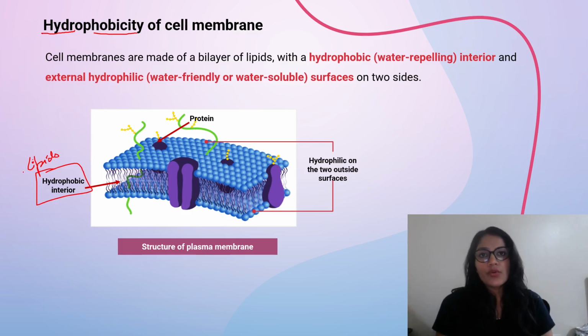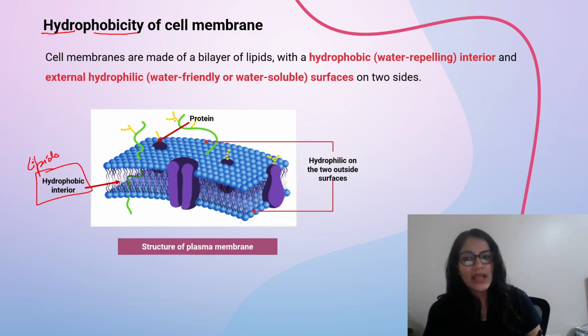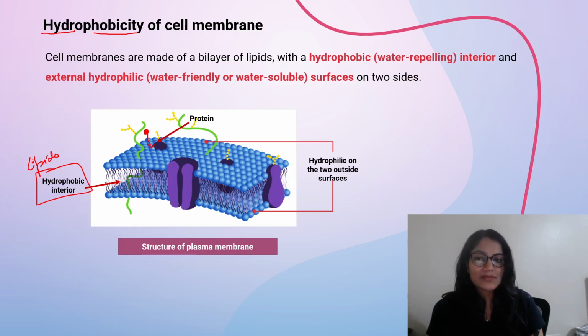These lipids make a hydrophobic interior, right? So if a water molecule or a polar, charged molecule wants to cross the plasma membrane, it is not able to cross because of this lipid layer. So it will be repelled back.